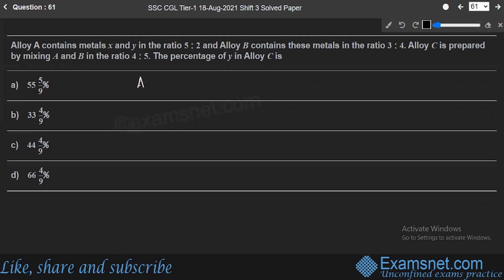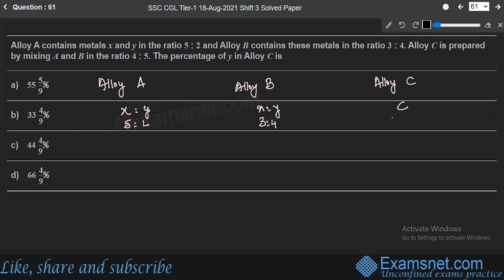See, there are three alloys actually: A, B and C. In alloy A, the ratio of metals X to Y is 5:2. In B, the ratio is 3:4.